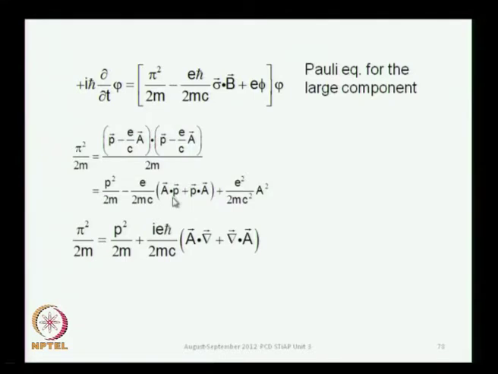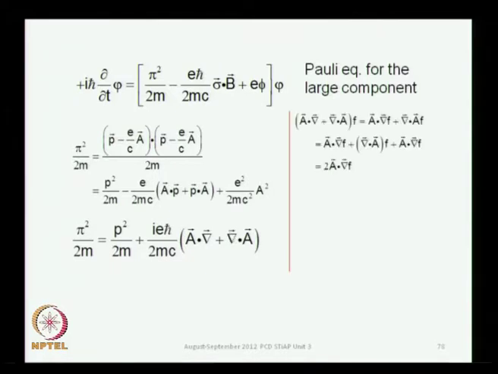So, you get a sum of A dot del plus del dot A term, and just the way you handle the corresponding terms involving the cross, you do the same with the dot, and you let it operate on an arbitrary function f and find that this is nothing but twice A dot del operator. It is exactly the same reasoning.